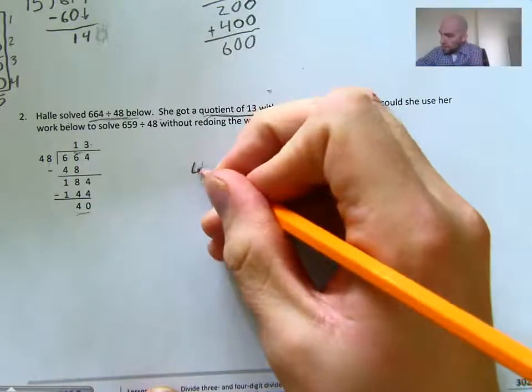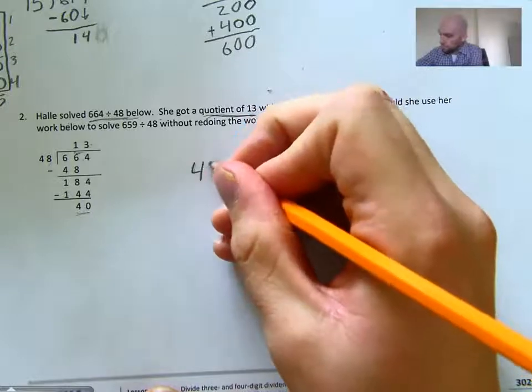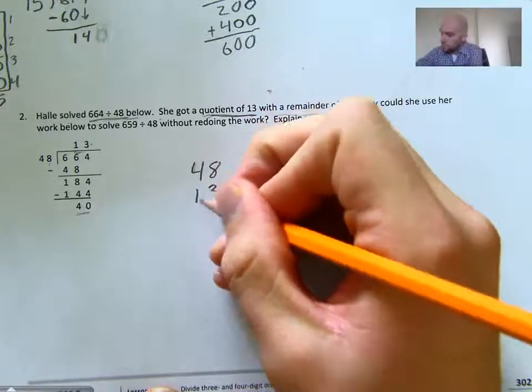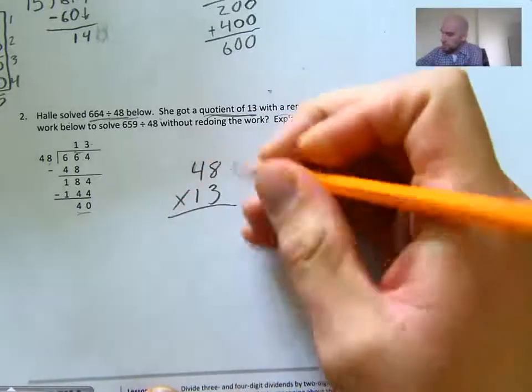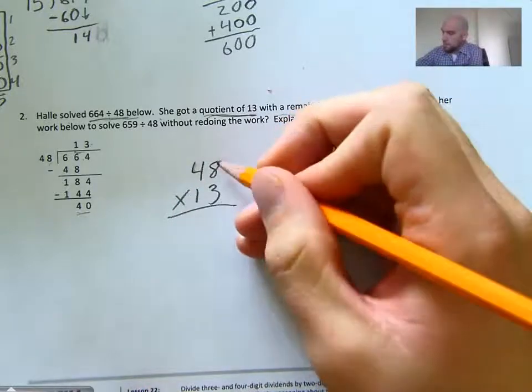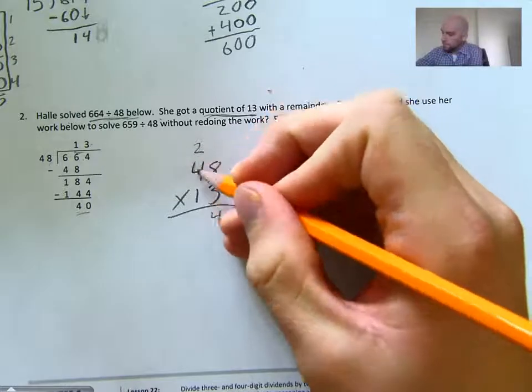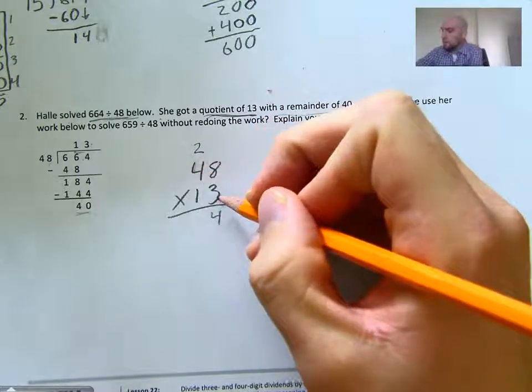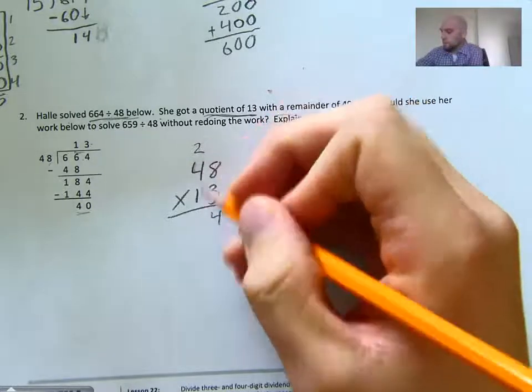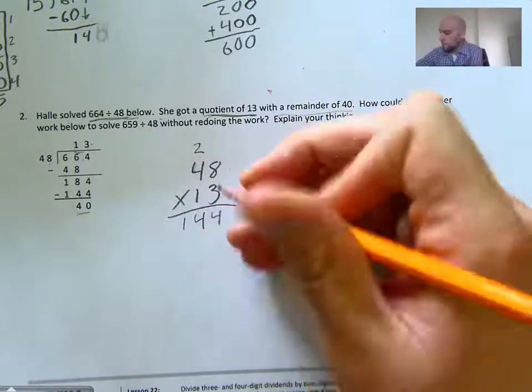So we'll do 48 times 13. And we get 8 times 3 is 24. 4 times 3 is 12, plus 2 is 14.